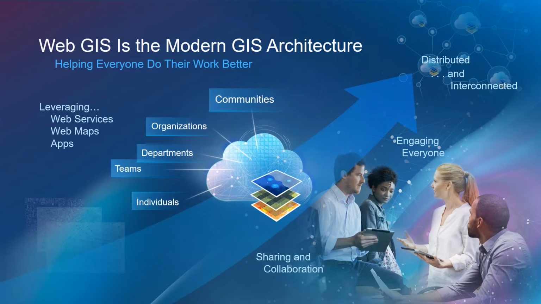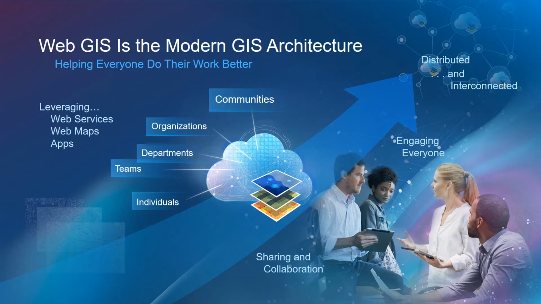So underneath all of that, what drives WebGIS as a modern architecture is this concept of web services, web maps, and apps. Web services utilize REST protocols to take your data, host it, and serve it out as a service that can be consumed within your organization.